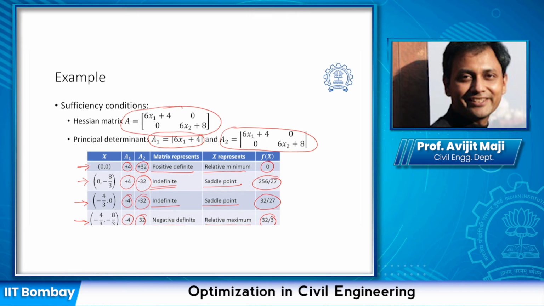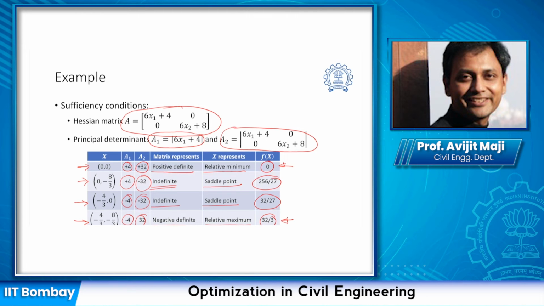So we got 2 points where we have reached a saddle point, and 2 points, one of which is yielding the minimum point and the other is yielding the maximum point.